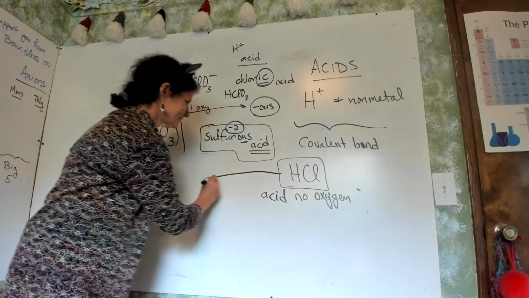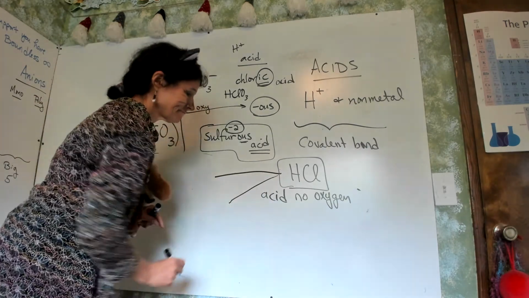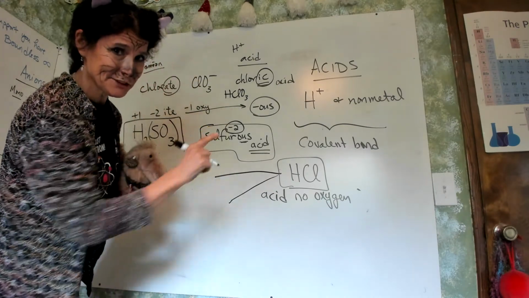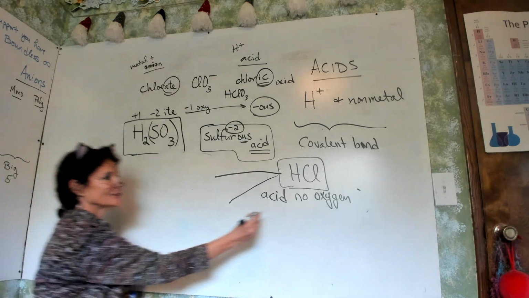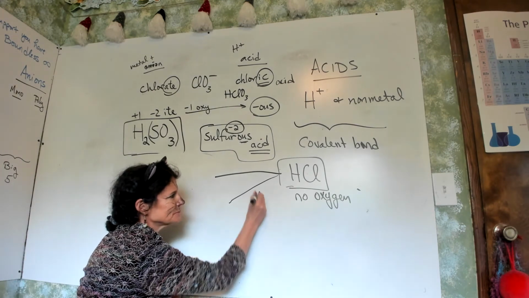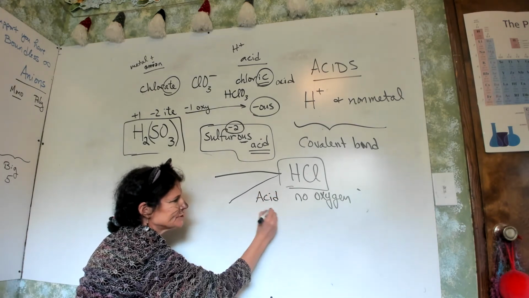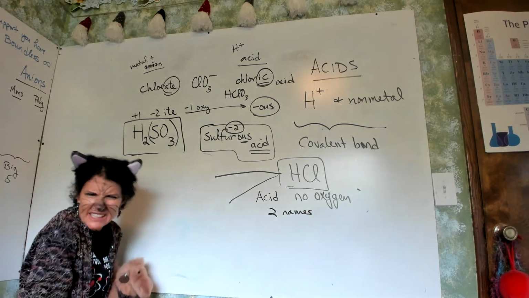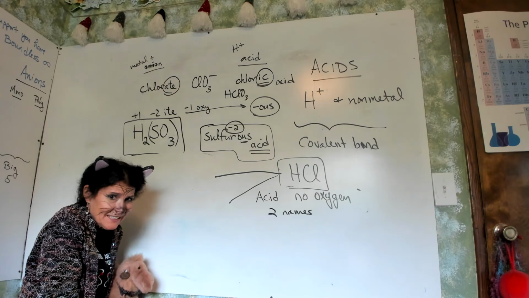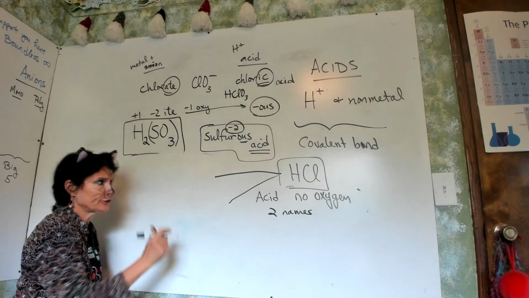If there is an oxygen, there's only one way. If there's no oxygen, acid with no oxygen has 2 names. This is great because usually I don't go into this much detail, but since we're online, sure.